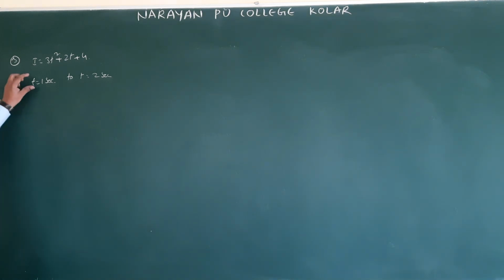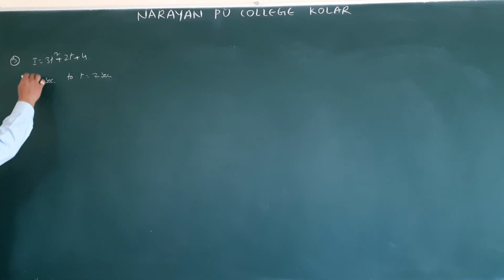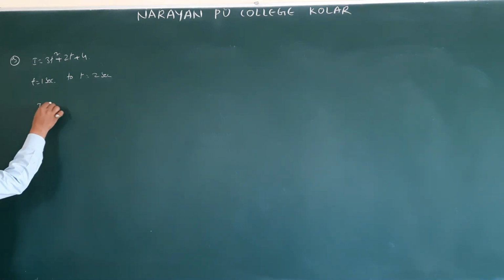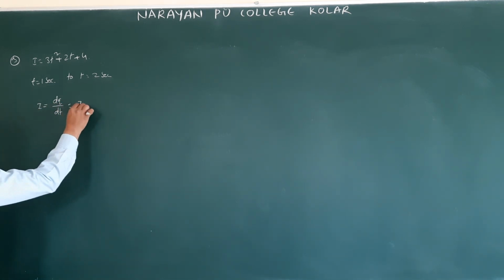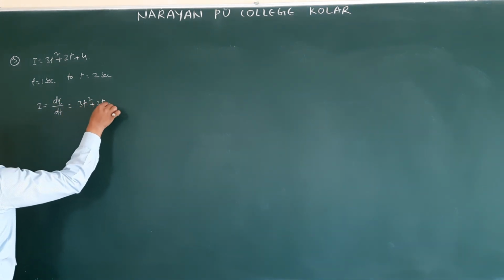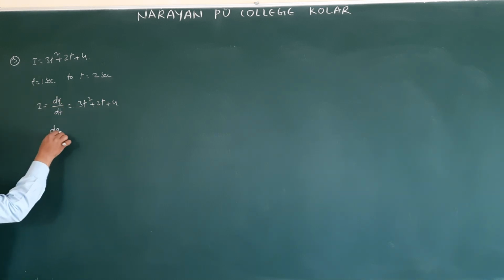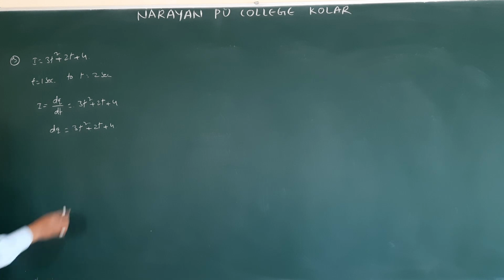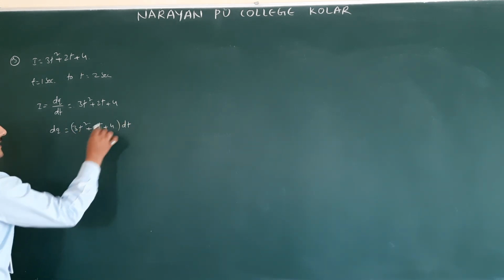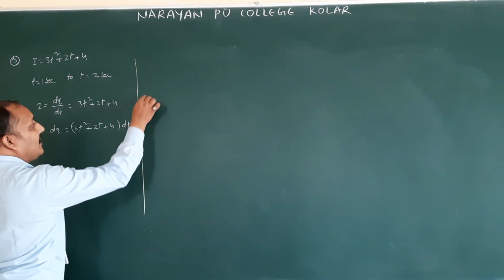Actually, we have to do integration here. Mathematics people, I think they have started; otherwise we did it in first PU already. So I is equal to dq by dt is equal to 3t square plus 2t plus 4. dq is equal to 3t square plus 2t plus 4 into dt. Remember these formulas.